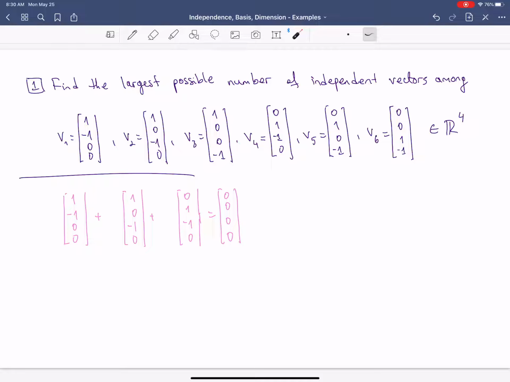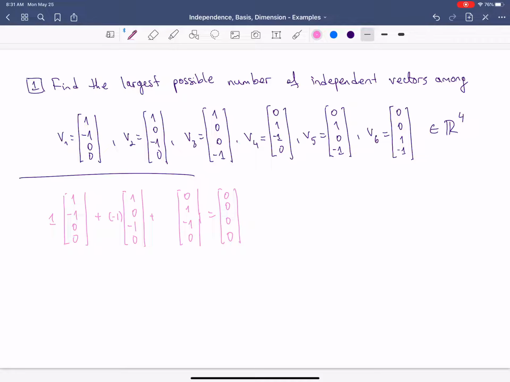Then I have this vector and this vector, and they both have 1s in the first position. So in order to get a 0, I better have a 1 and a -1 for their coefficients. Question is which? I have 2 candidates. I either do 1 here and -1 there, or the other way around. But I need something like this.